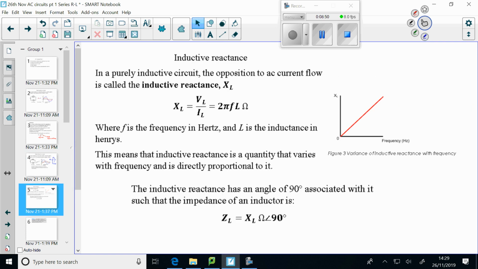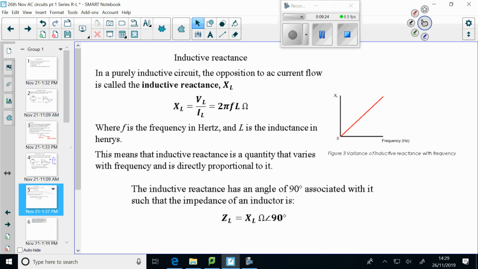Now, a related term: inductive reactance. In a purely inductive circuit, the opposition to AC current flow is called the inductive reactance, XL. We can calculate the magnitude of XL if we know the voltage across the inductor and the current through it, so we can use Ohm's law, or we can multiply the inductance by the frequency by 2 pi.